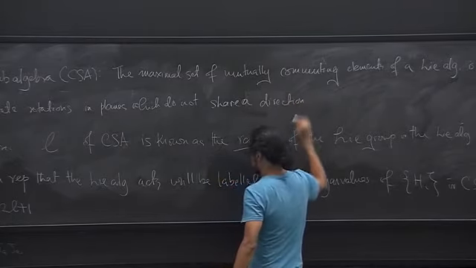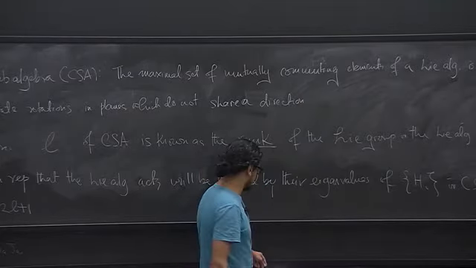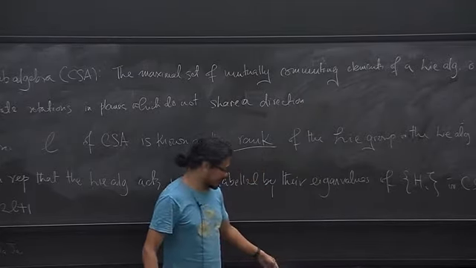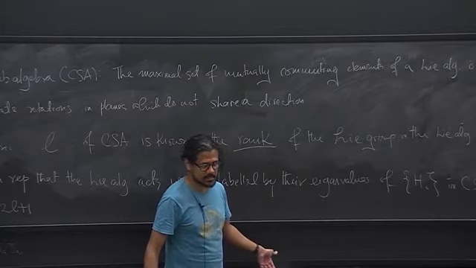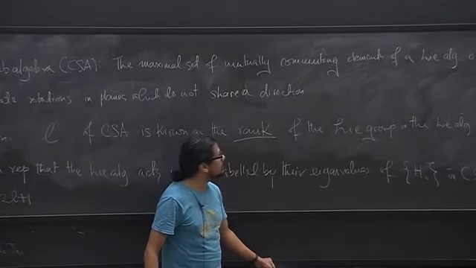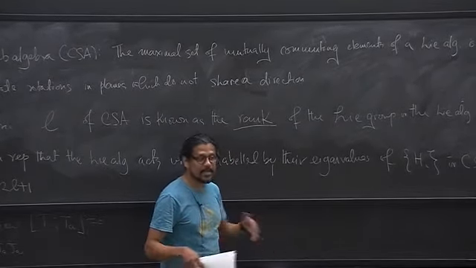Because in 3D, we are used to thinking of rotation around axes, right? In higher dimensions, that's not the case. Rotations exist on planes, right?